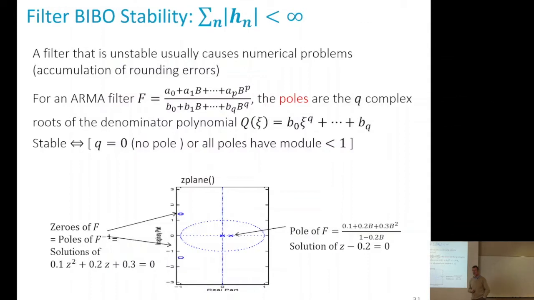There is a well-known way to know whether the filter we are using will have this problem or not. It corresponds to what is called BIBO stability. BIBO means bounded input, bounded output.